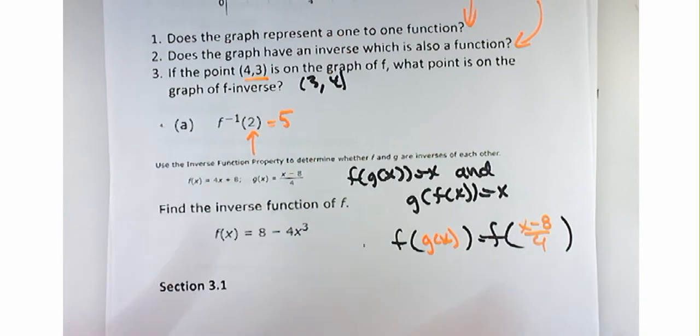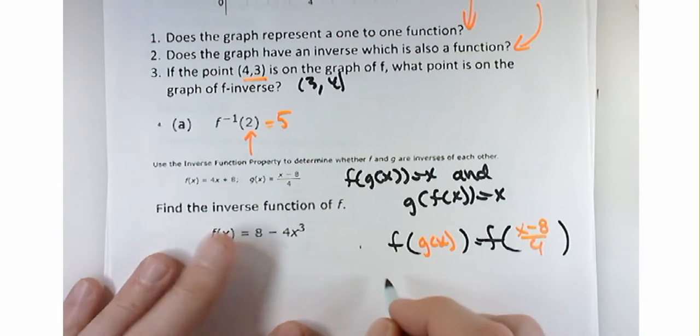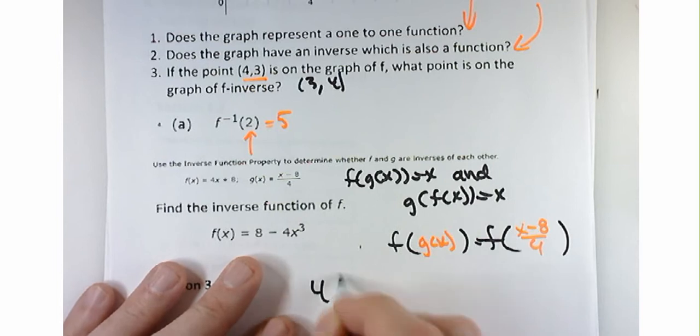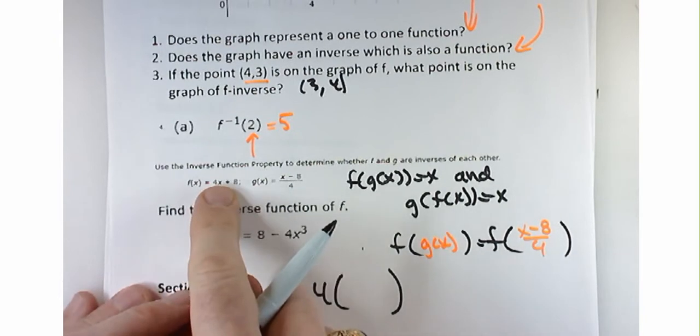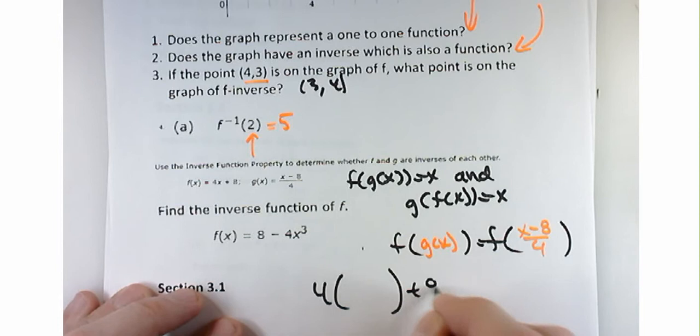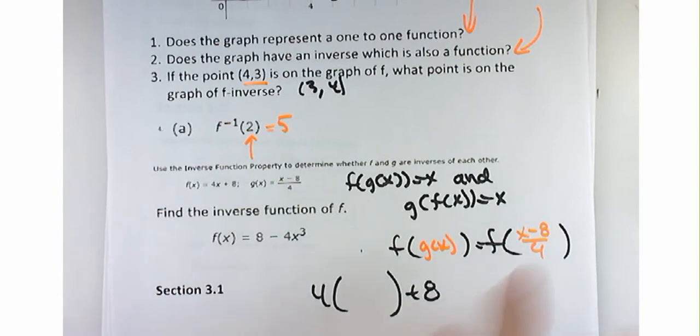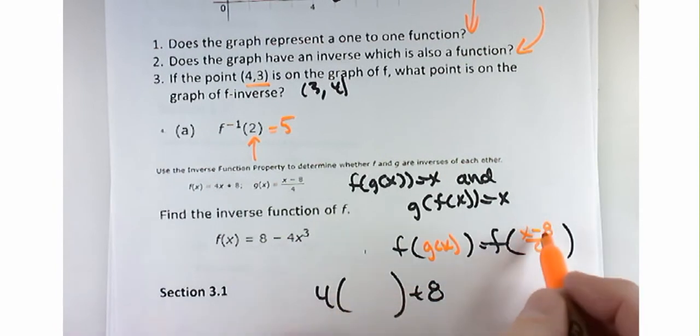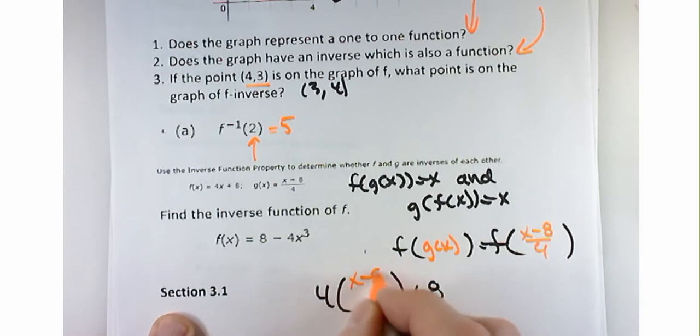And then I'm going to go to the rule for f. And the rule for f says, okay, take 4 times x plus 8. Except now, instead of an x, I'm going to use this expression here, (x minus 8) over 4.